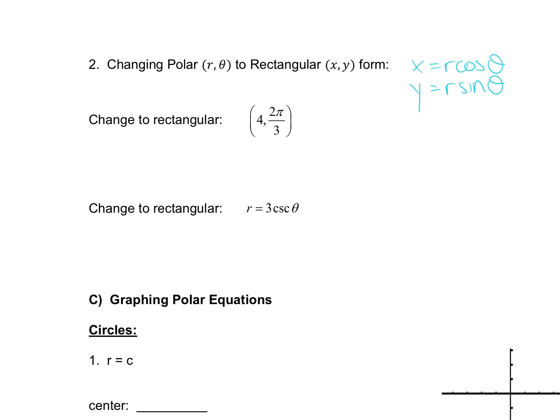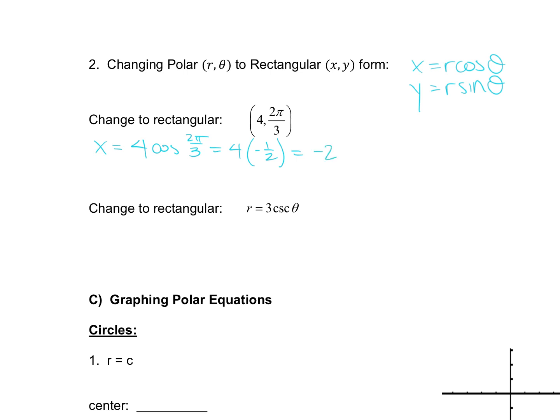So in this case, my x is going to be equal to the r times the cosine at 2 pi over 3, which I know from where? Your chart. My chart. The cosine at 2 pi over 3 is going to be what number? -1/2.